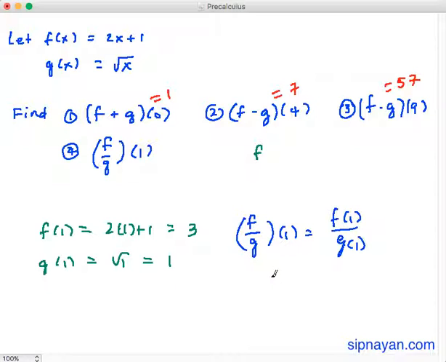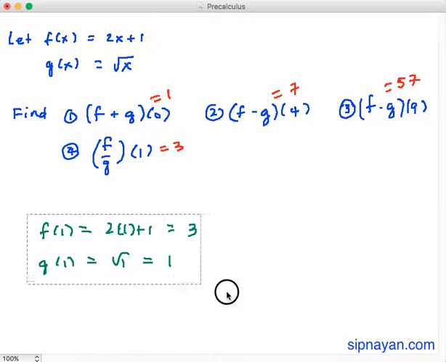And then, what is f of 1 here? We have 3. And then, what is g of 1? 1. So, 3 over 1 is equal to 3. So, ang sagot dito ay 3.